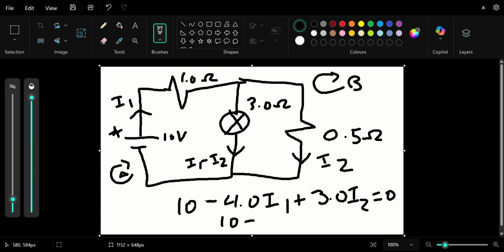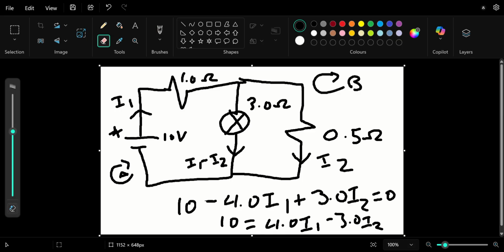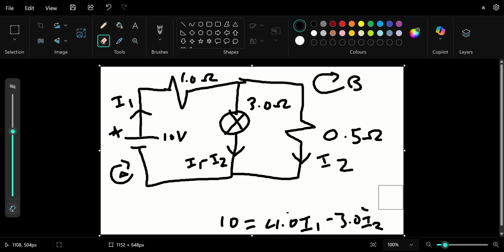And therefore we can say that 10 equals 4.0 I1 plus 3.0 I2. This will be our first equation that we have to keep, because eventually we'll get another equation from our second loop, loop B.